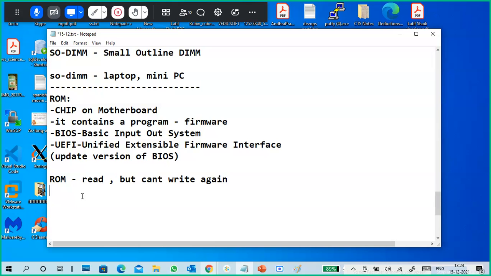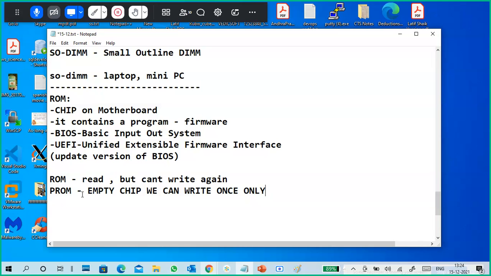So that is important. Later PROM is introduced. It is like an empty chip. We can write once only. We can write once, but you cannot write again.